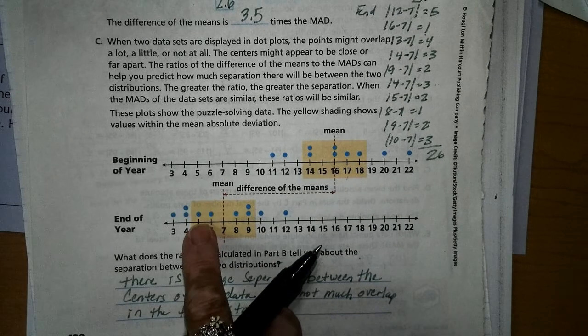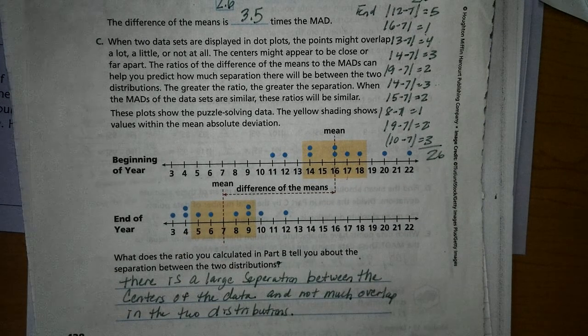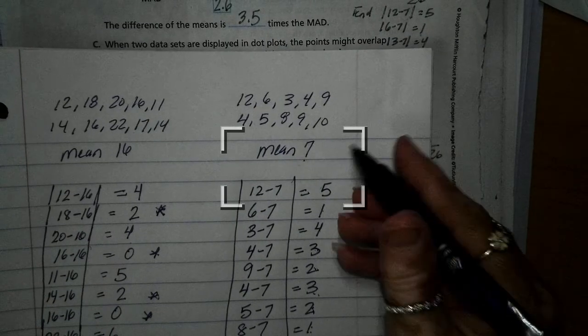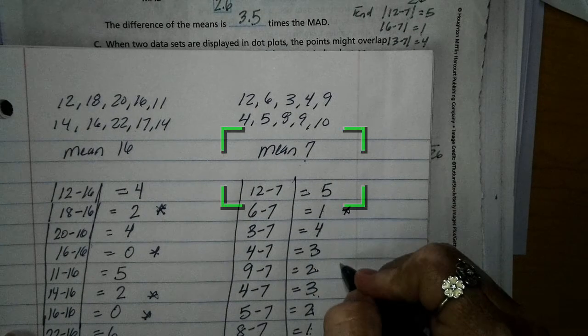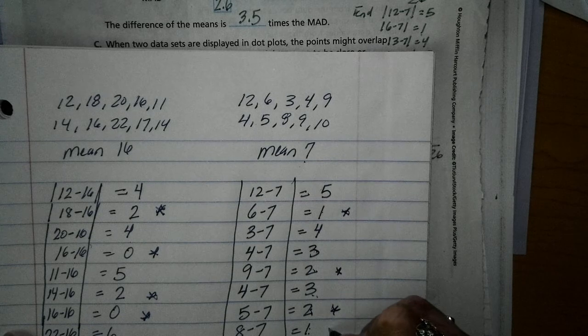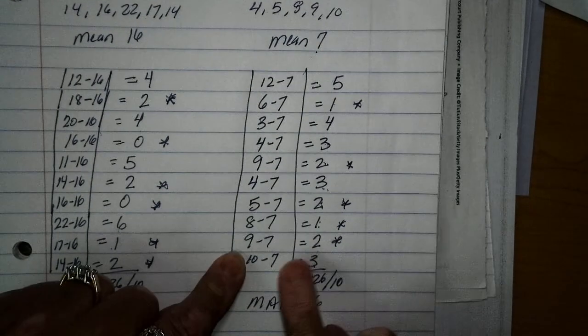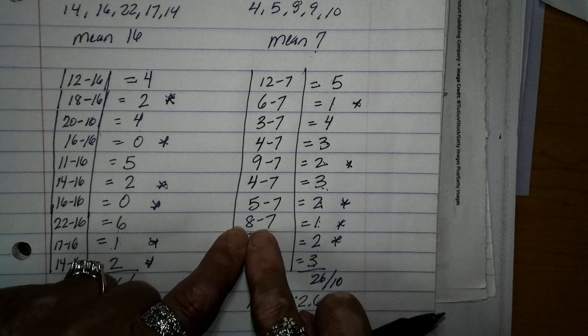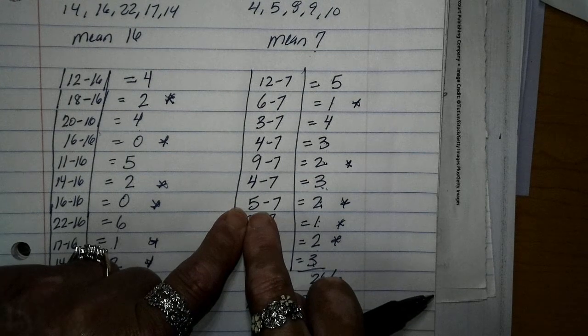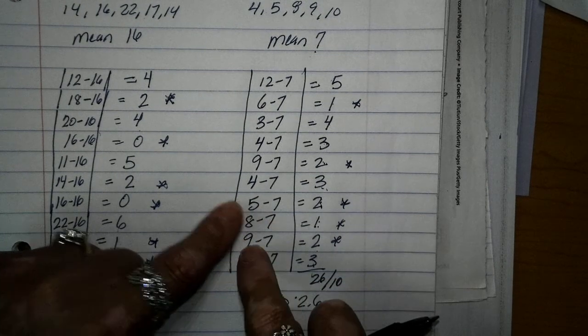If I do the same here, right? Less than or equal to 2.6. Here's 1. There's 2. There's 3. There's 4. There's 5. So those numbers are between 5 and 9.